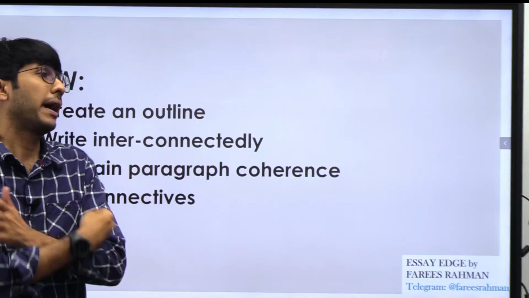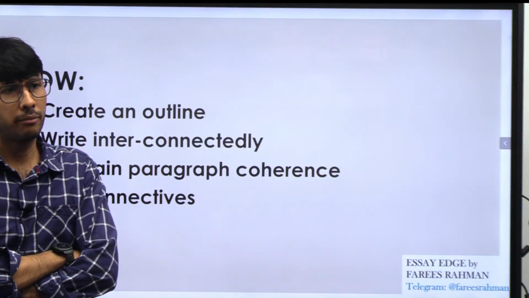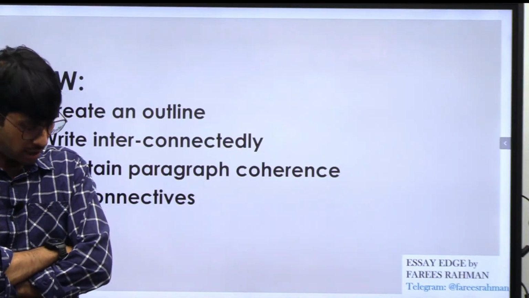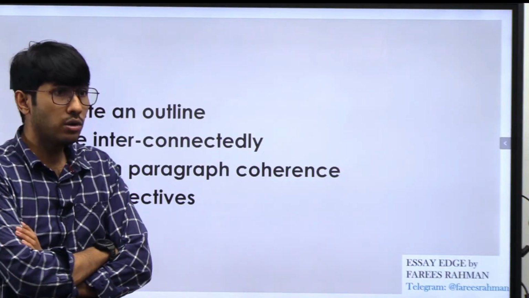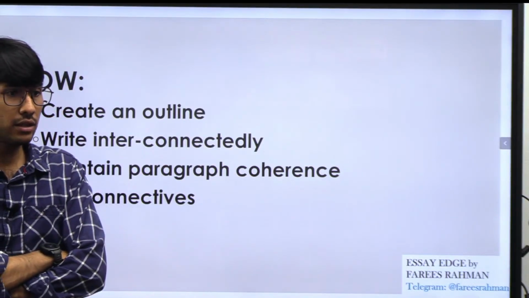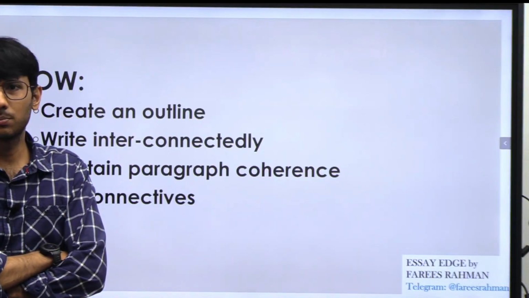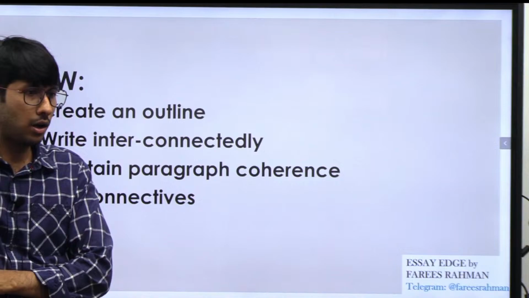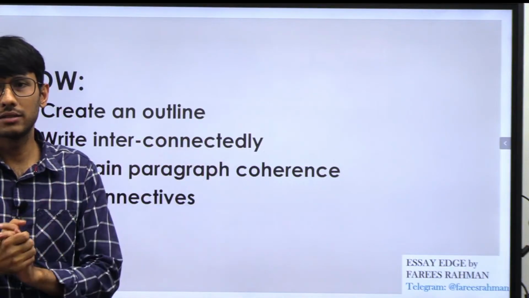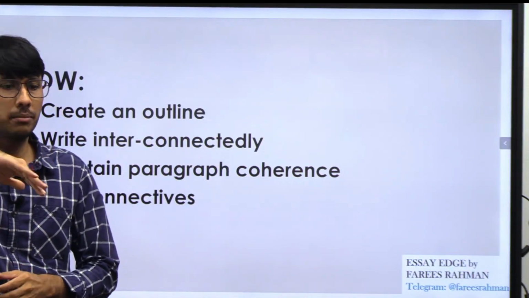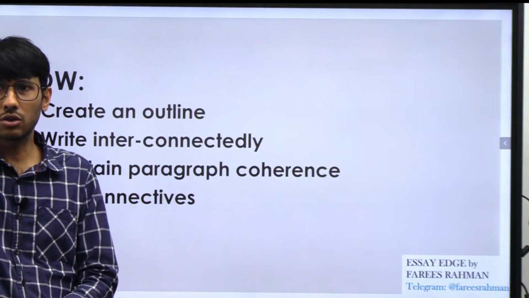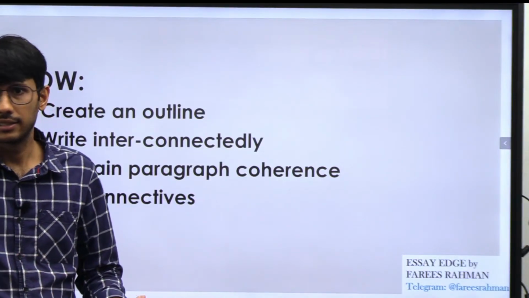And maintaining paragraph coherence is of paramount importance here. Why? Because without maintaining the coherence of the paragraph, everything will start looking like GS points. Some argument is somewhere, counter argument is somewhere, the example of the argument which you have given is not at all coherent, doesn't make sense.